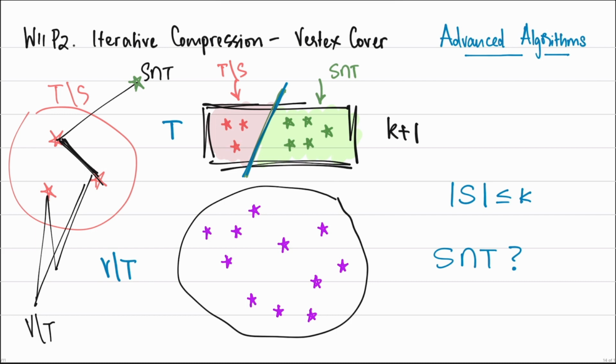But suppose that for the sake of argument, T minus S is a valid independent set. The edges that vertices in T minus S have with vertices in S intersection T, these are good edges. We don't have to worry about them because S intersection T already has our back. These edges are covered by our current choice of vertex cover vertices. So these edges we don't have to worry about at all.